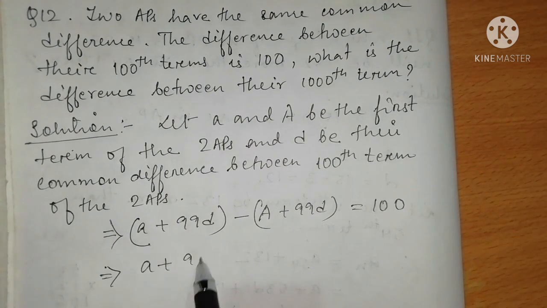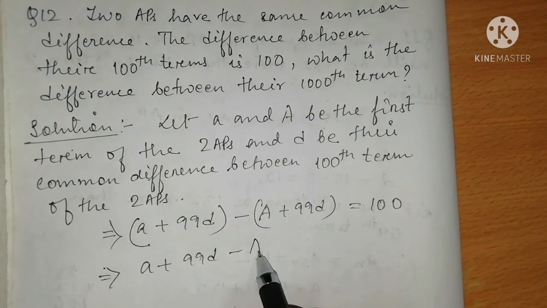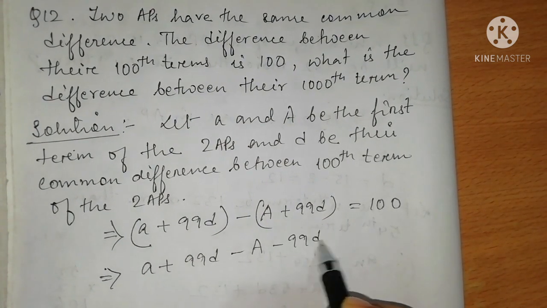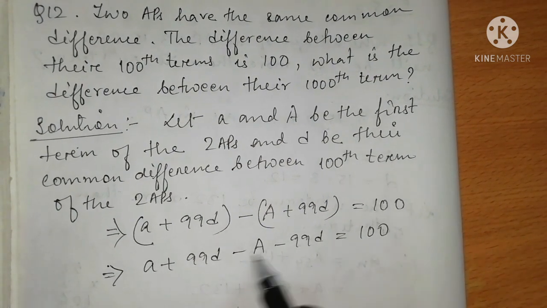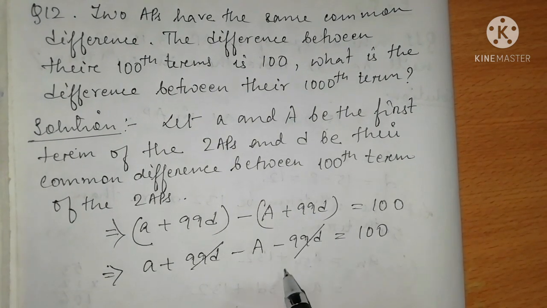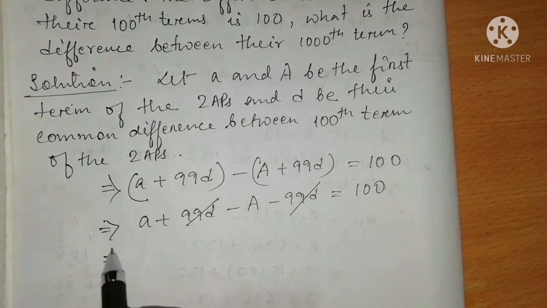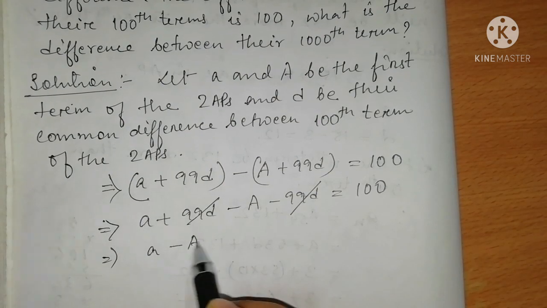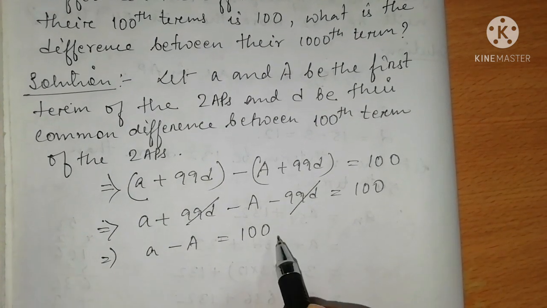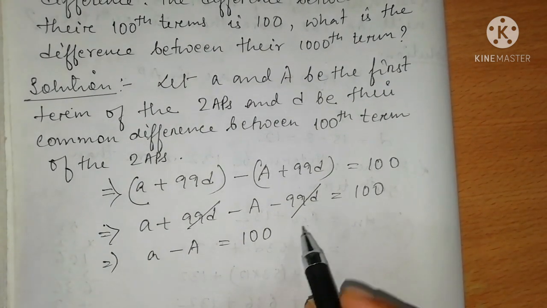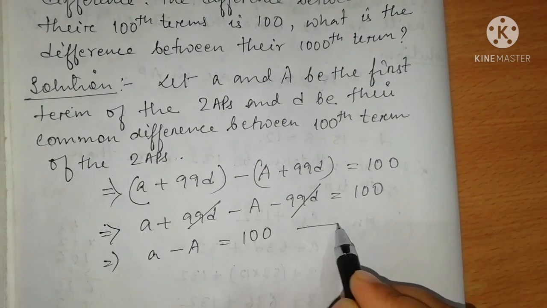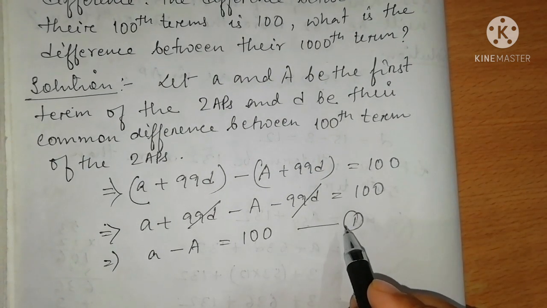So a plus 99d minus capital A minus 99d equals 100. So this 99d will be cancelled. So a minus capital A equals 100. Let me take this as equation 1.